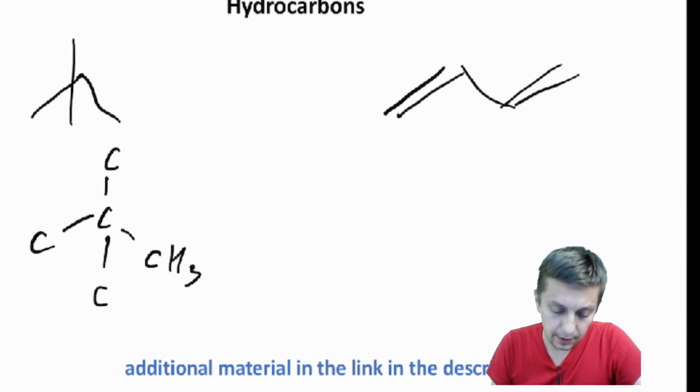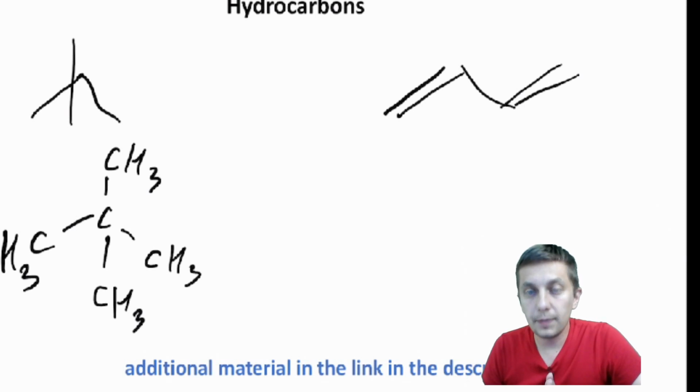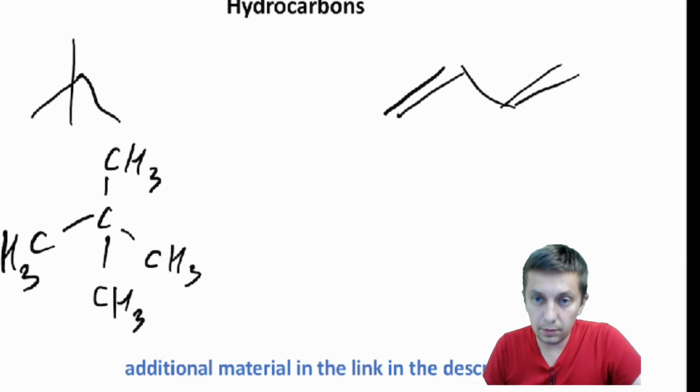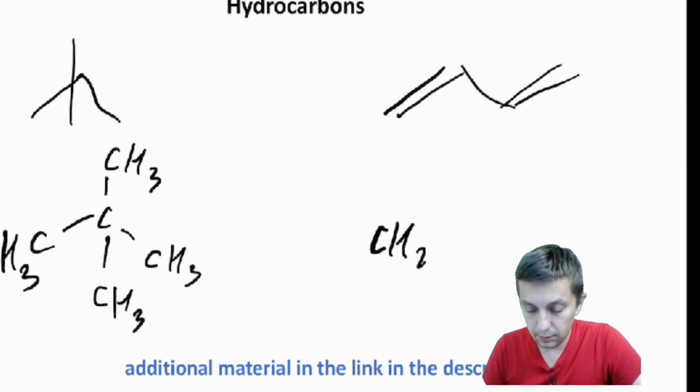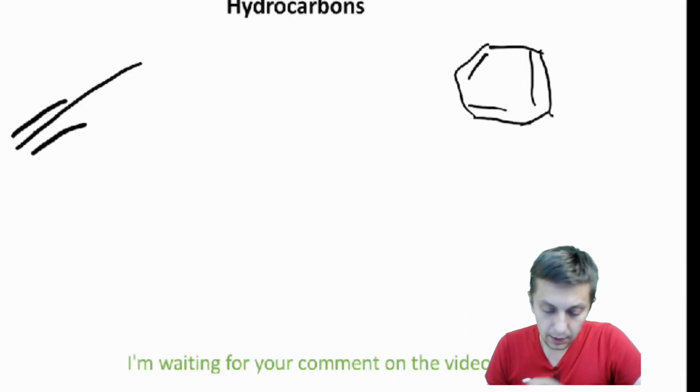I write the condensed formula CH3. If you have a double bond, one or two or more, CH2. And with a triple bond, CH, triple bond, C.